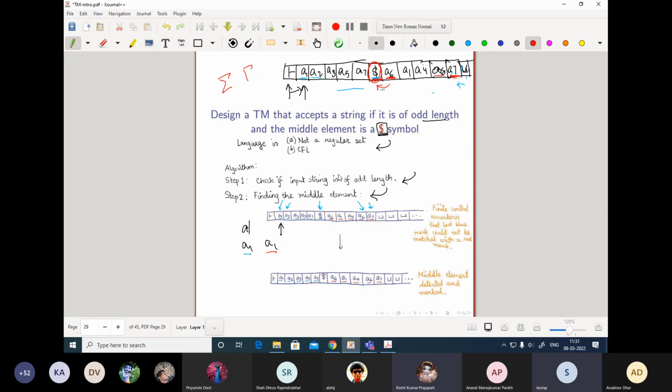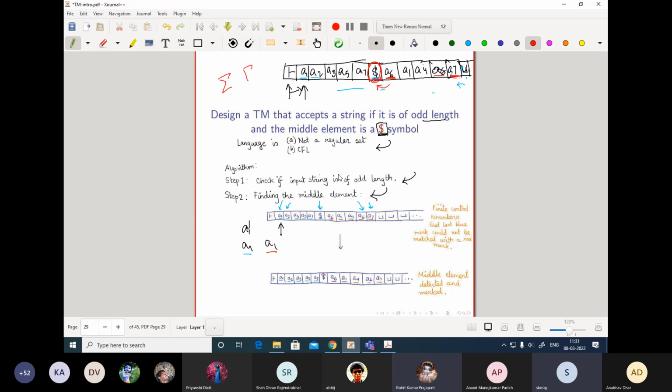So the idea was, first check whether it is a string of odd length. Second, you identify the middle element by taking the leftmost element that is not underlined by blue and the rightmost element that is not underlined by red. You're underlining them by blue and red respectively, so that they are the matching pairs.